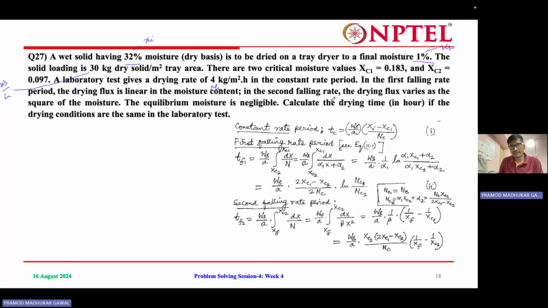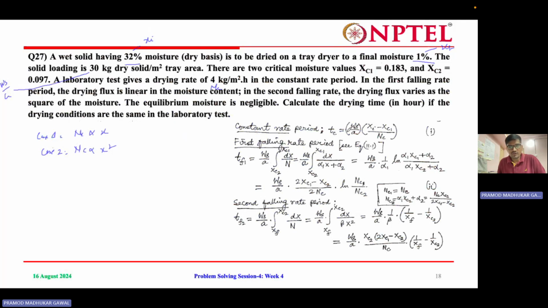In the second falling rate period, the drying flux, which is the drying rate, varies with the square of the moisture. So in the first case NC is directly proportional to X, and in the second case NC is directly proportional to X square, right? The equilibrium moisture is negligible. Calculate the drying time in hours if the drying conditions are the same as in the laboratory test.